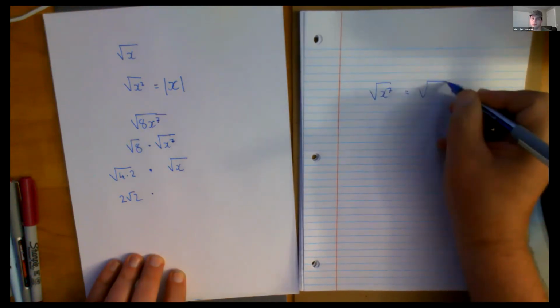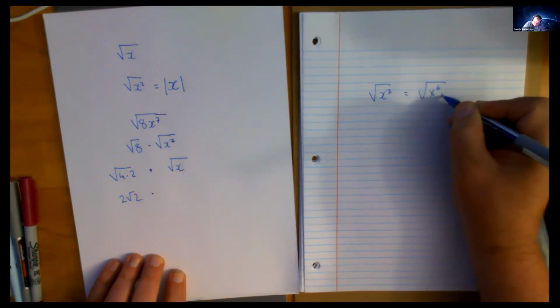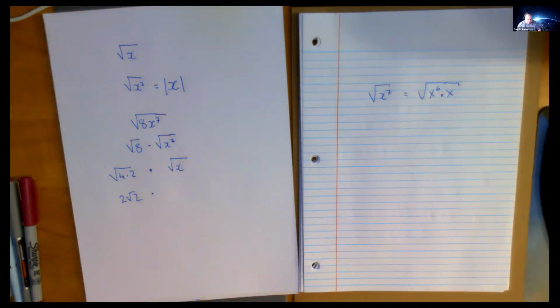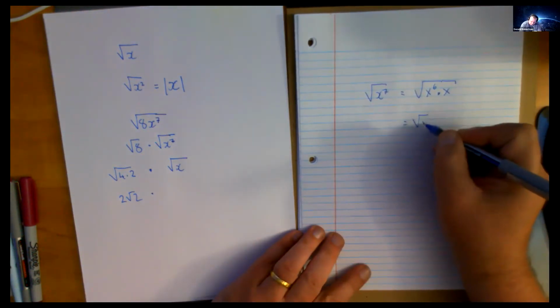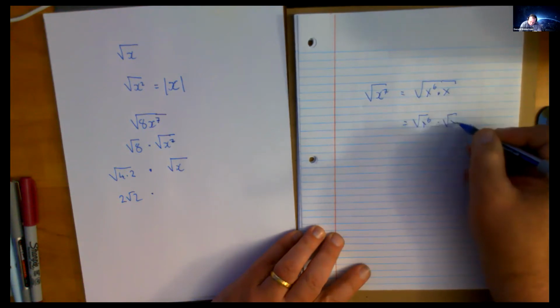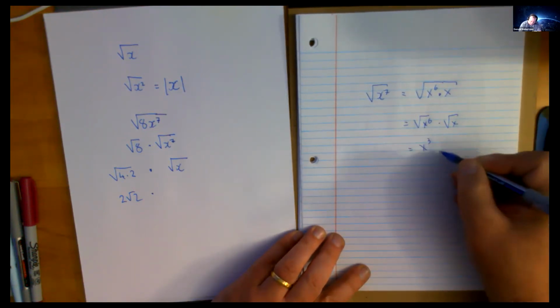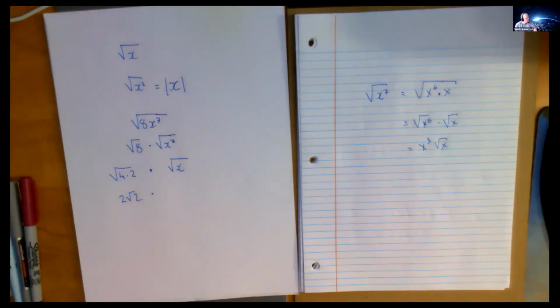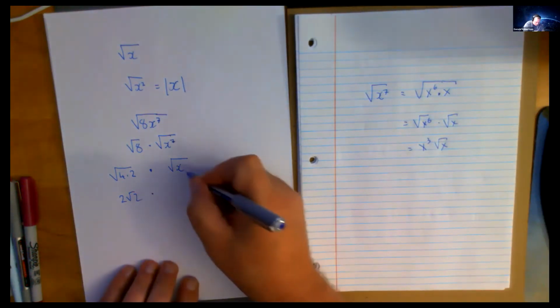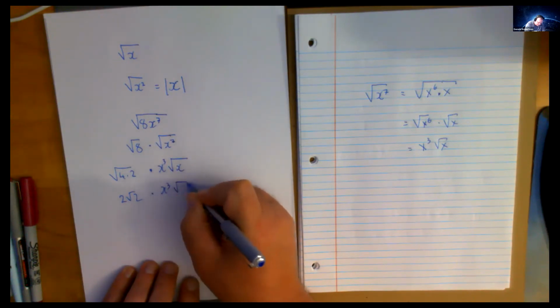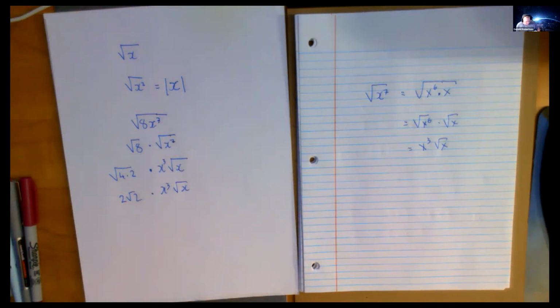You can think of it as splitting as an x to the 6 with an x left over. And then you can split it into its two pieces, just like you would do with a number. And then won't the square root of x to the 6 get you x cubed? So this guy gets me that. And now the last bit is tidying up.